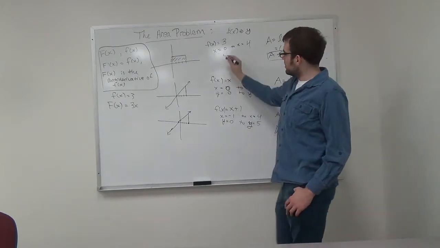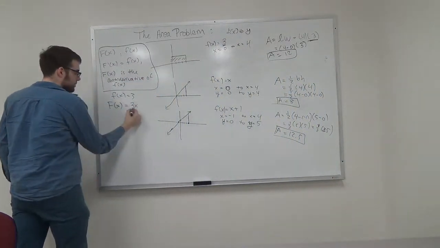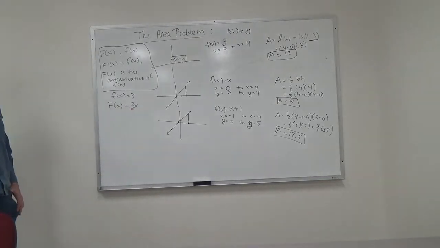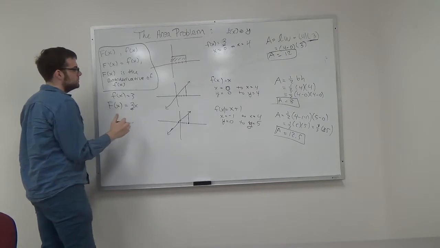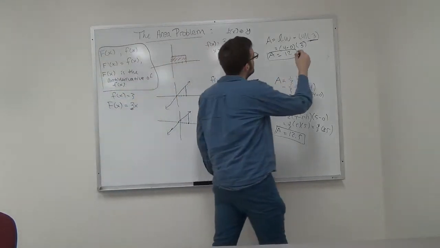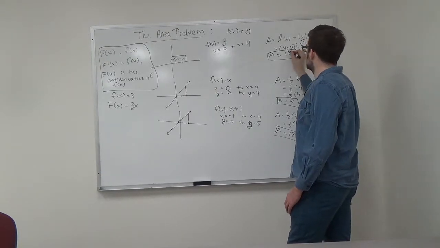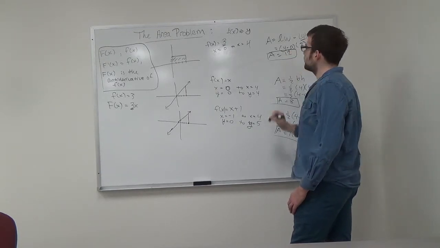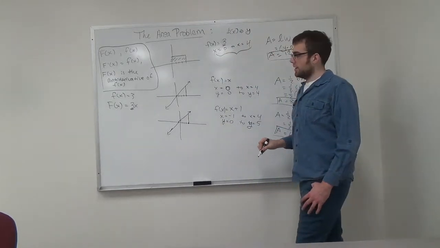The width pops up also up here, and the width pops up over here. The length, we can see 4 minus 0 is our x values.